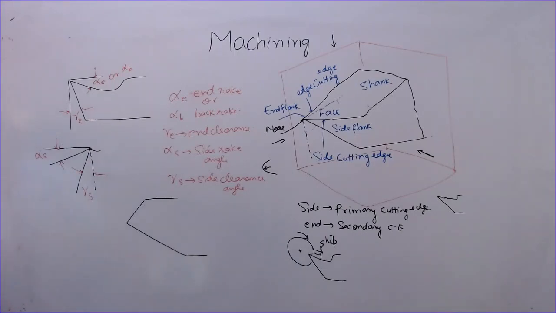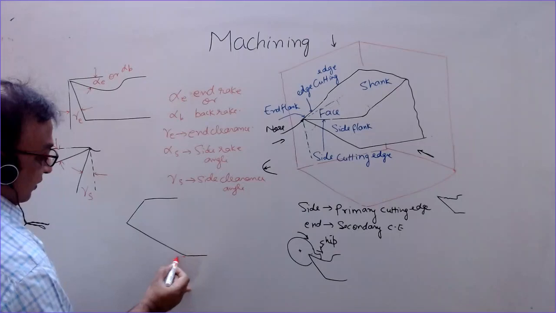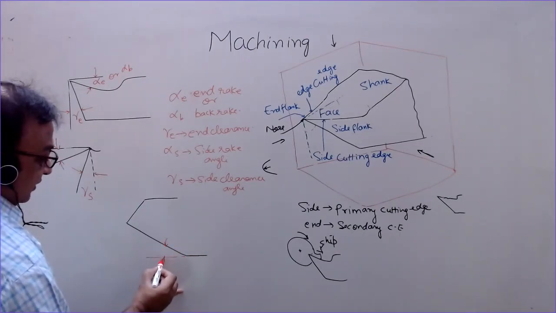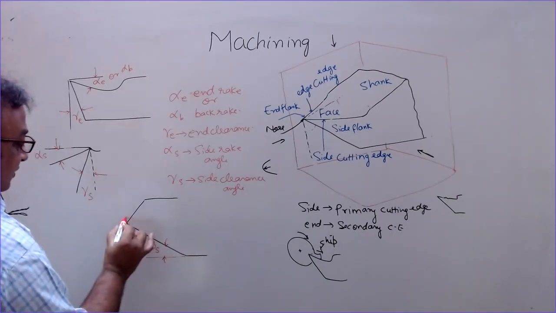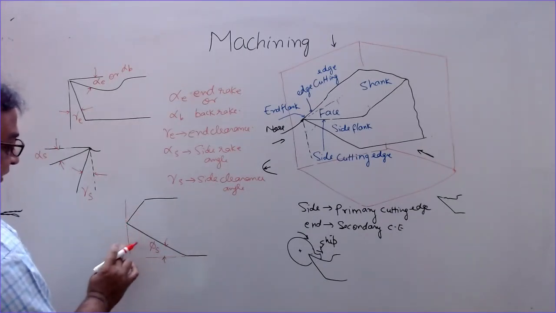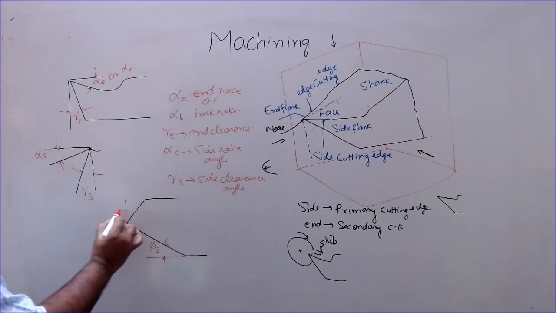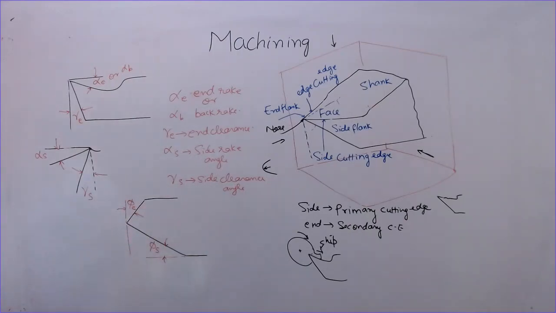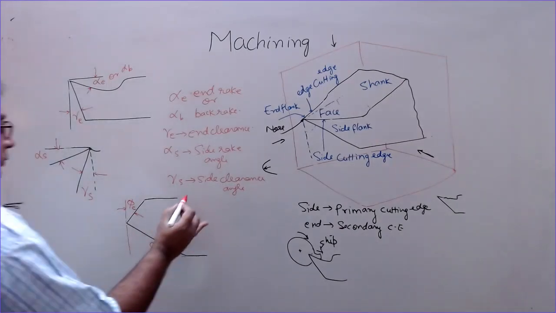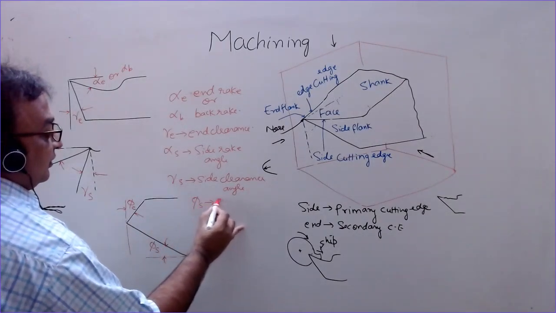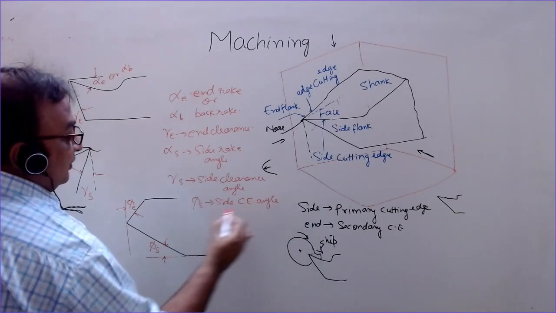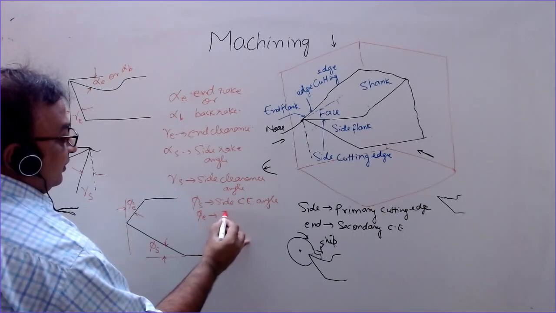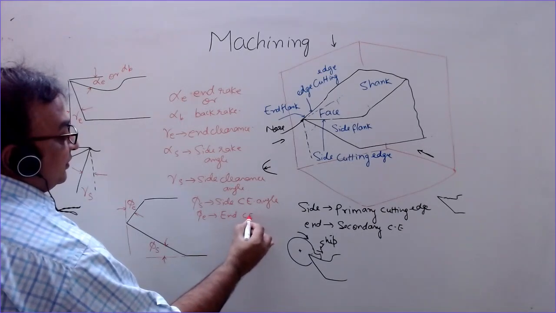The side cutting edge with this vertical plane makes an angle known as phi s, the side cutting edge angle. And we have another plane perpendicular to this plane, and the edge making phi e with this is the end cutting edge angle. So phi s is the side cutting edge angle, and phi e is the end cutting edge angle.